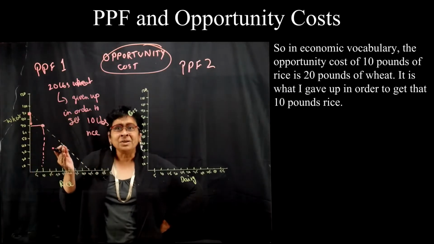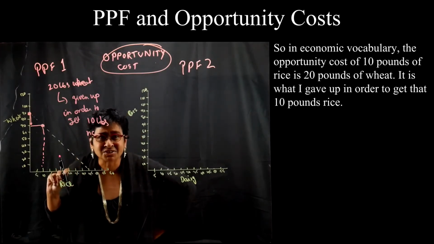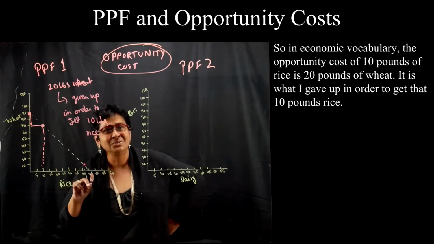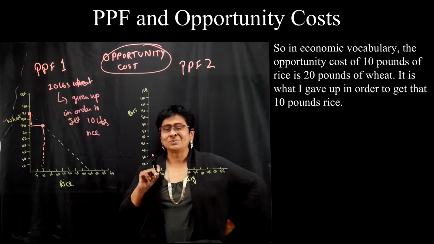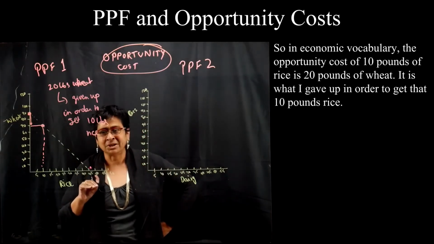So in economic vocabulary, the opportunity cost of 10 pounds of rice was 20 pounds of wheat. It's what I gave up in order to get that 10 pounds.